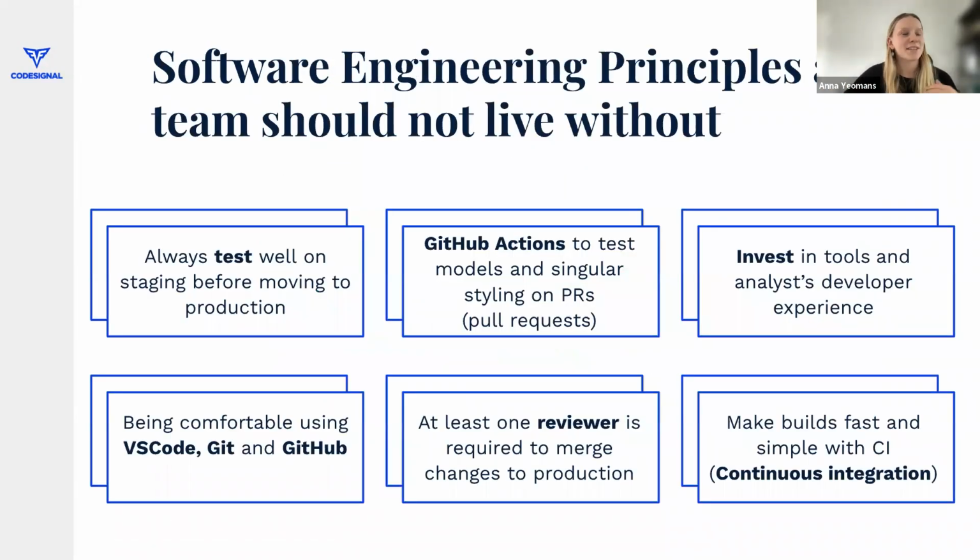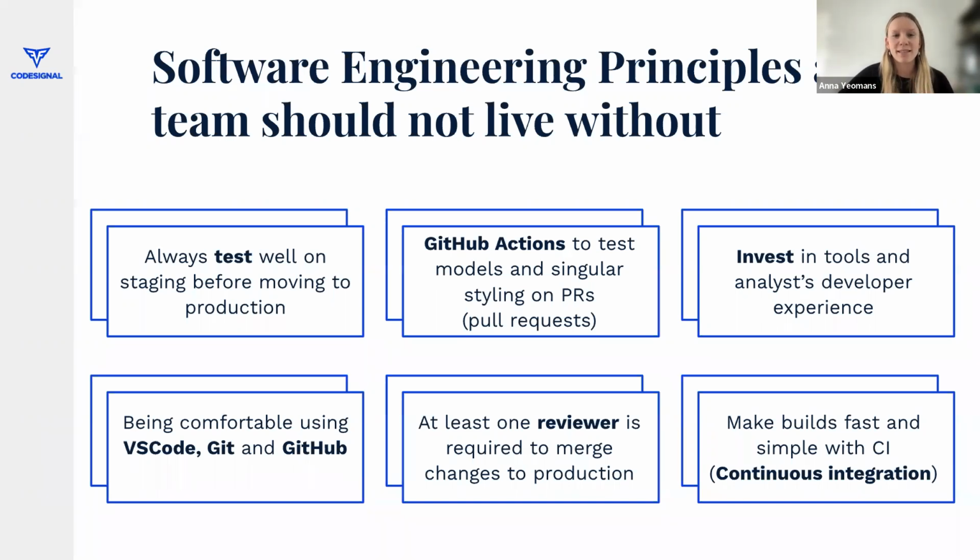Here I just listed a few software engineering principles that, in my opinion, a data team should not live without. And this is just some of them. We'll dive deeper into some of them as well. You should always test data on staging before moving anything to production. Then we can use GitHub Actions to test models, create a singular style for the whole team, and test it on pull requests.